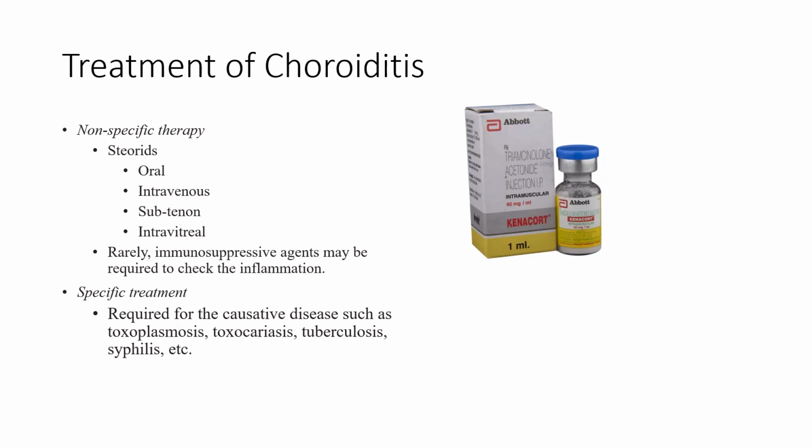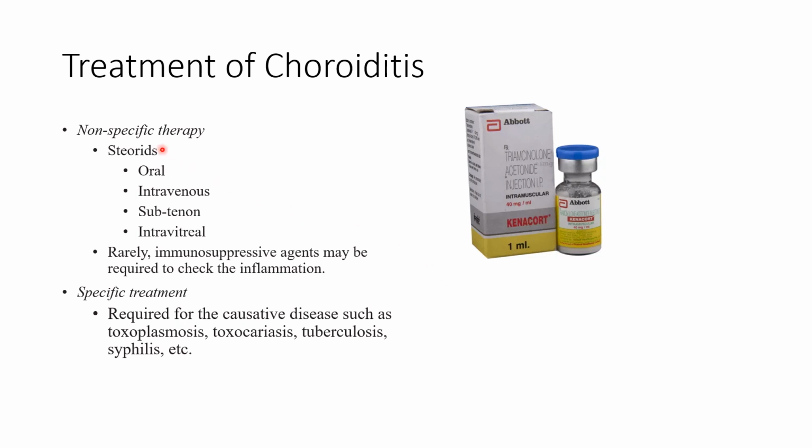Now coming to the treatment of choroiditis. So non-specific therapy for all choroiditis is to restrict the amount of inflammation which is occurring at that site, because this inflammation is going to cause damage to vital layers of the retina, and the resulting damage will cause a scar formation where the tissue is destroyed and replaced by a fibrovascular tissue which is not functioning.